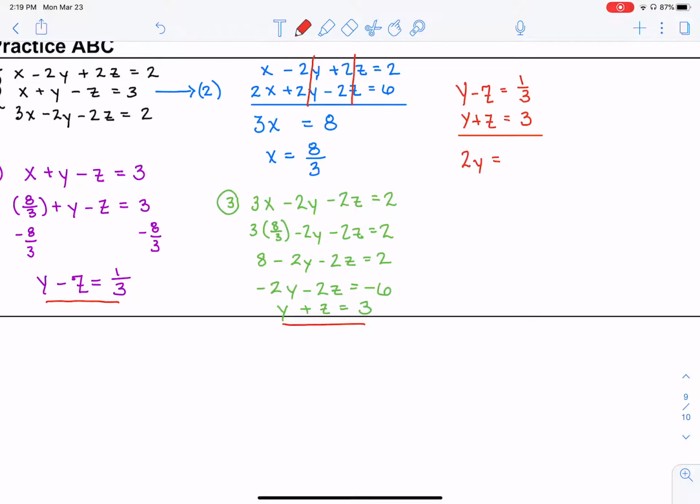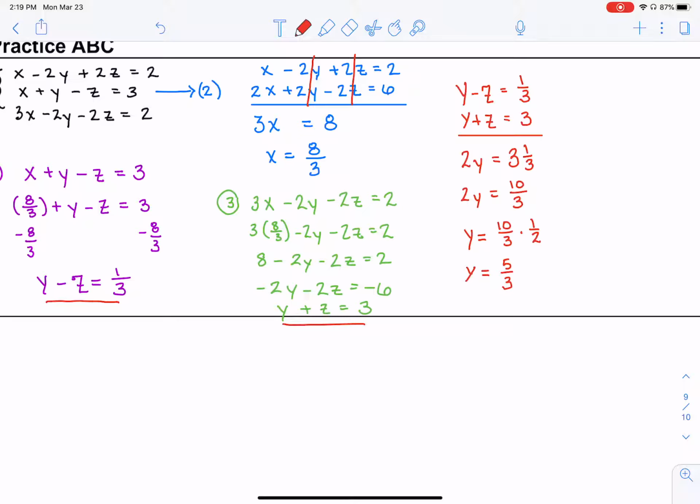And I'm going to add 3 plus 1/3. If I want to make that into an improper number, that's going to make life easier. So I'll rewrite 3 1/3 as 10/3. And then I need to divide the 2 to the other side. So I would get 10/3 times 1/2. And then after reducing, I get y equals 5/3.